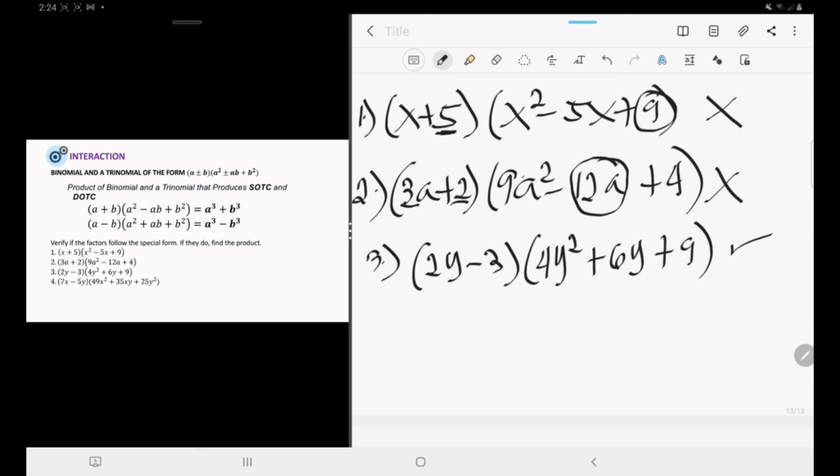So, it's correct. Okay, so let's try to solve this. If it follows the pattern, then the product should be the difference of two cubes. So, we get the cube of the first term. So, it's (2y) cube minus 3 cube. So, what's the product? It's 8y cube minus 27.